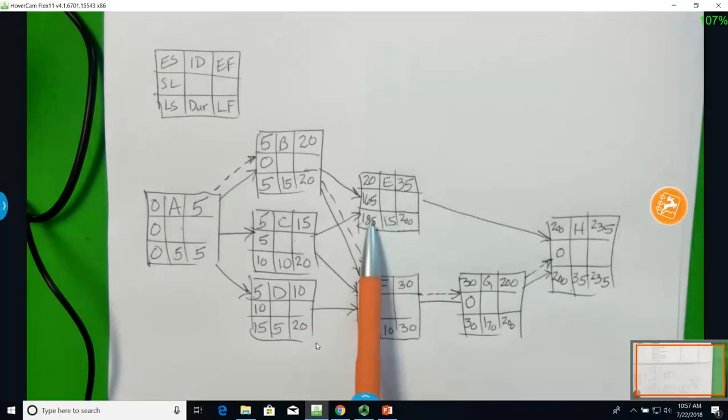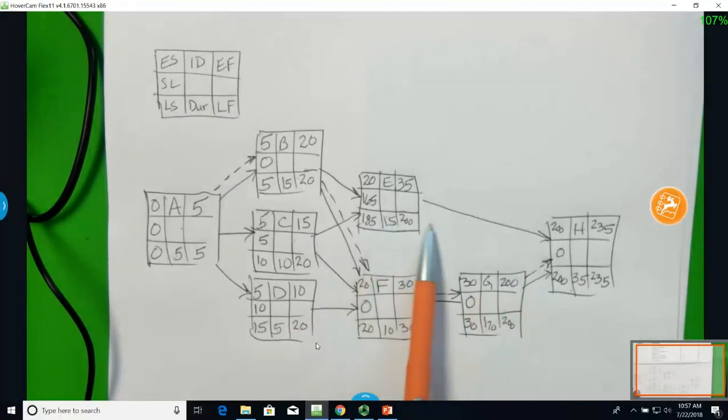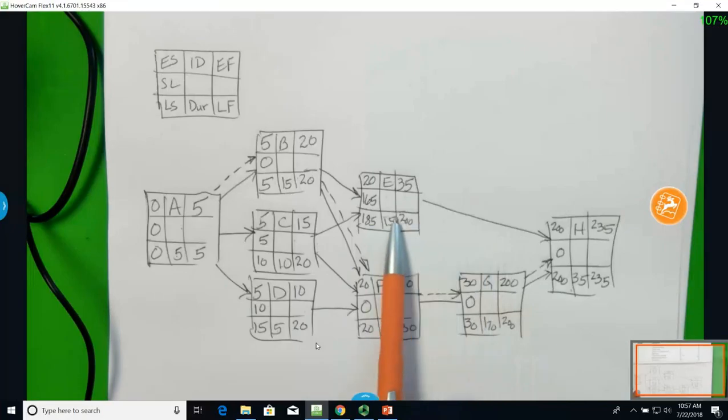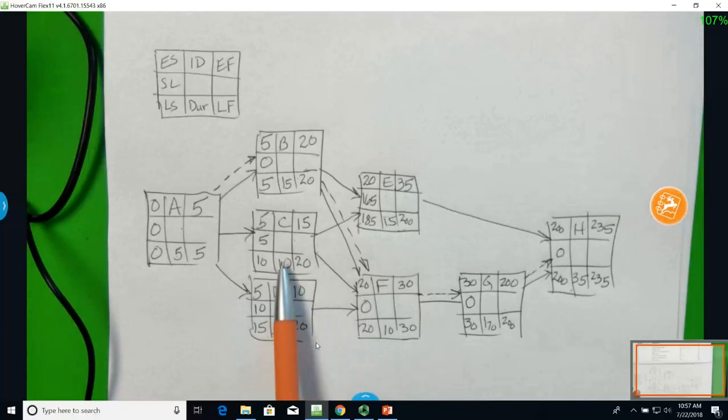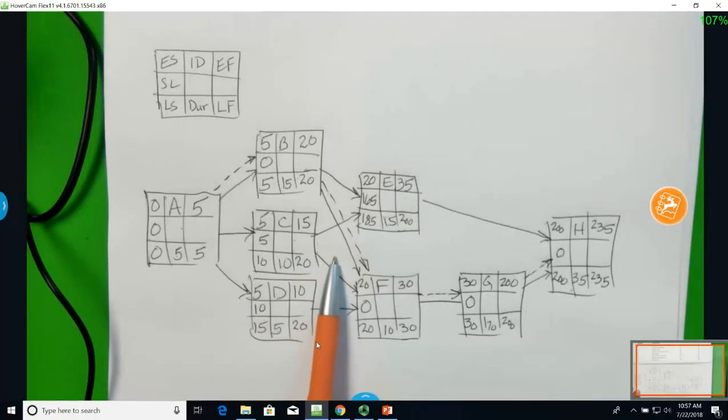I can slip this task anywhere in here, as long as this task E is done by day 200. I could slip C up to 5 days and still be done in time for F. I could slip D up to 10 days and still be in time for F. So these are not critical at this point.